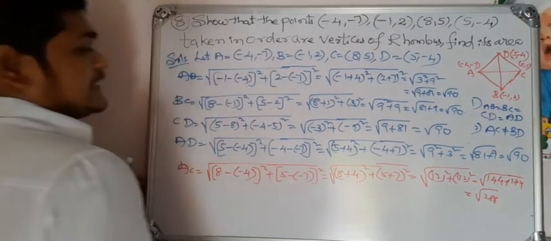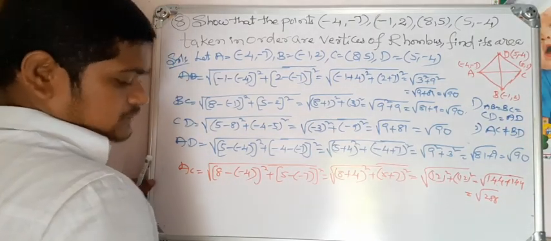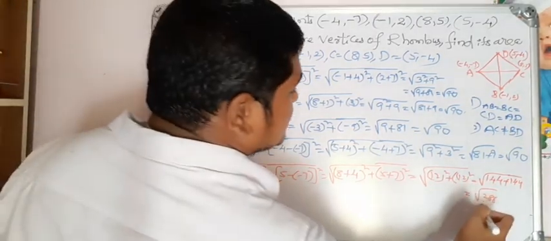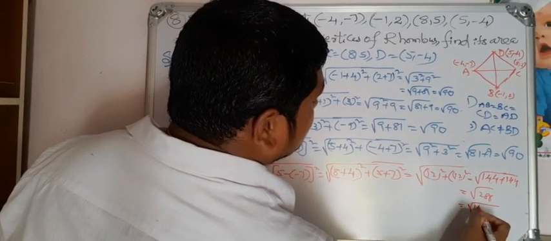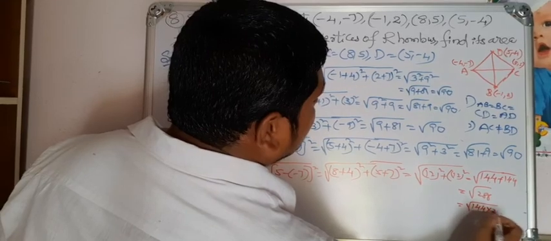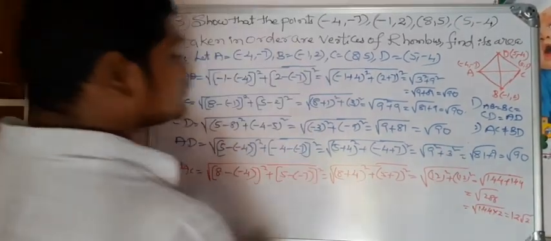Let us simplify this. This one is 144 into 2, and the square root of 144 is 12, so I will write this as 12 root 2.